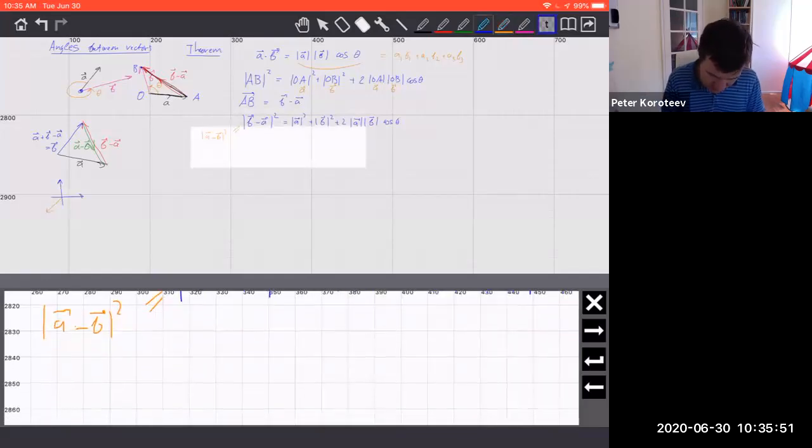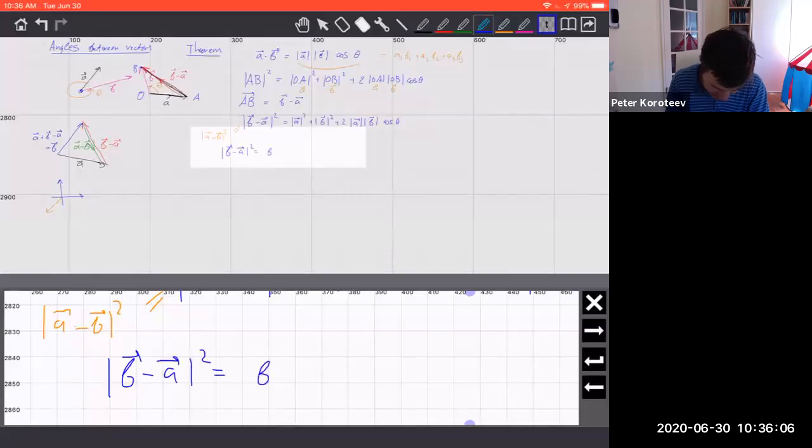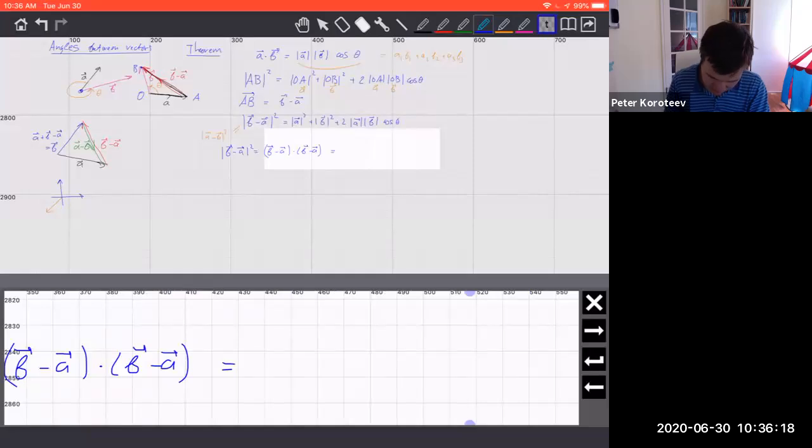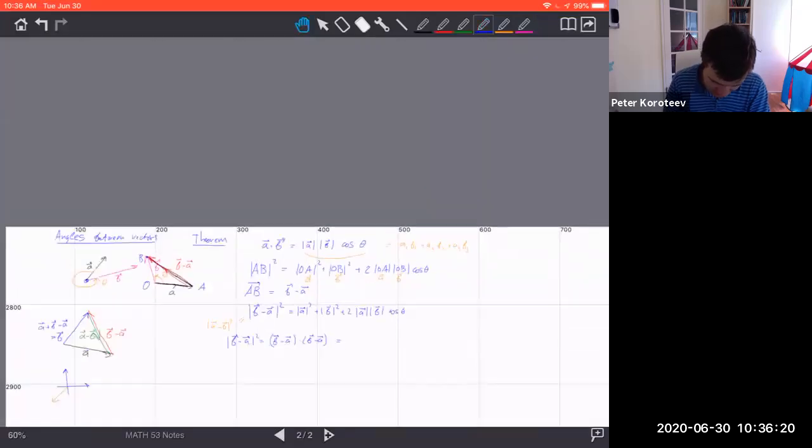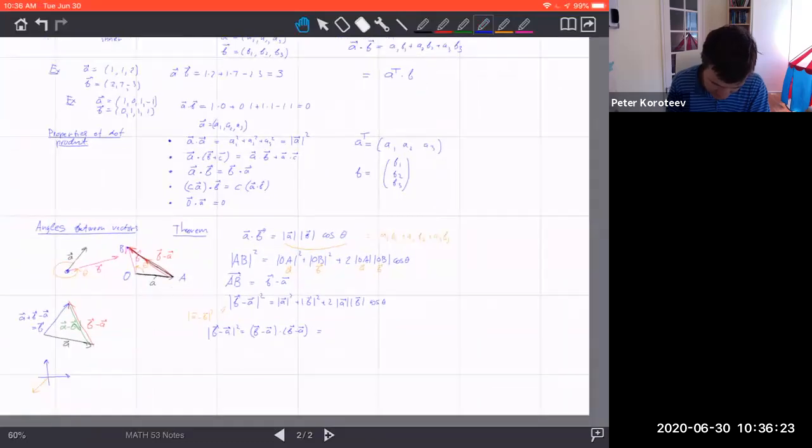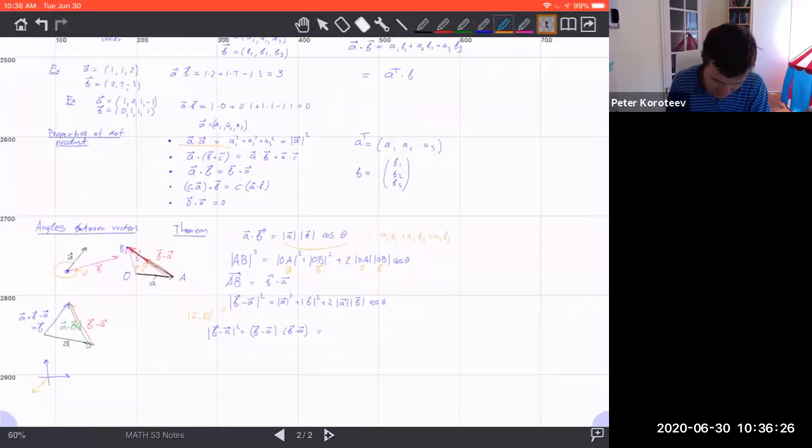Okay, so let's do the calculation. By the property which we have proven above, the absolute value of B minus A squared is B minus A dot with itself. Again, if you look up to our list of rules, we just used rule number one, and now I'm going to use rule number two, the distribution laws.